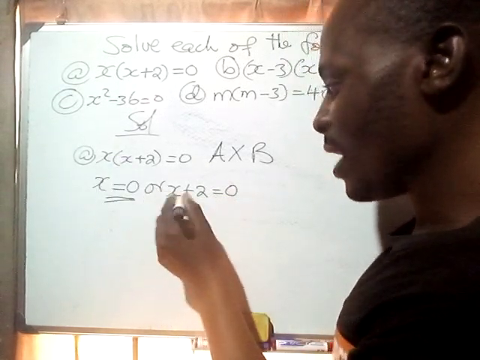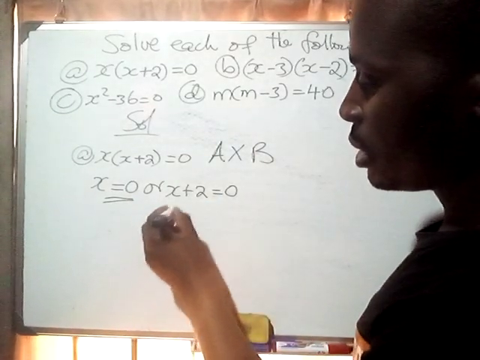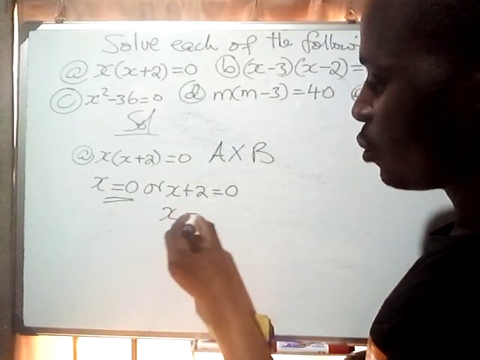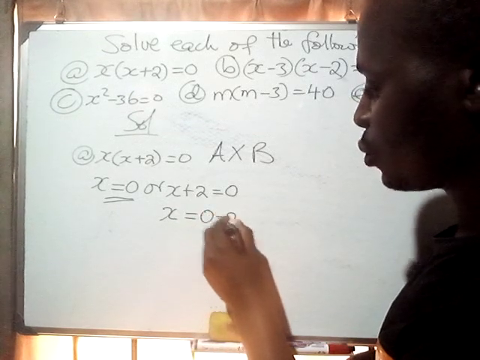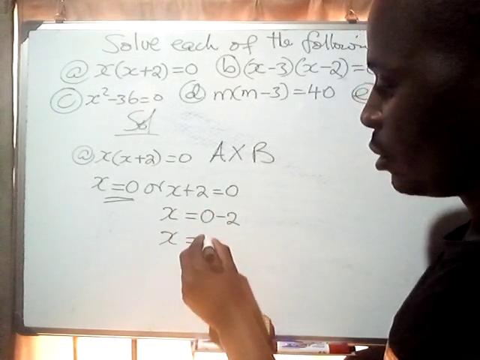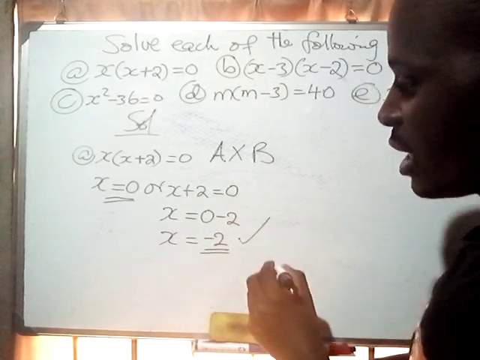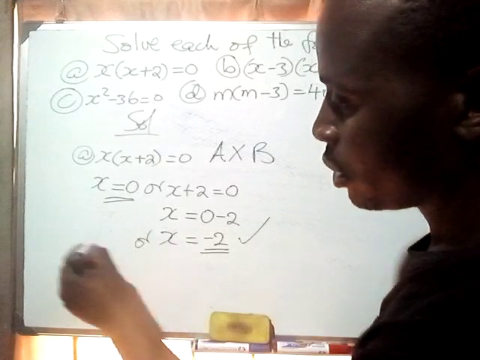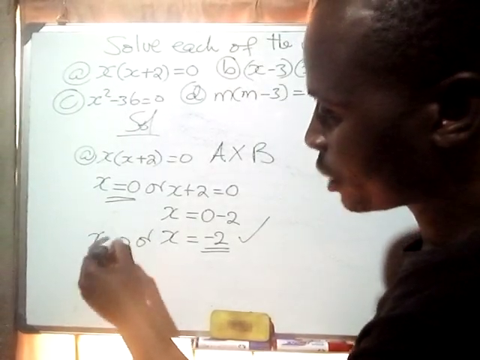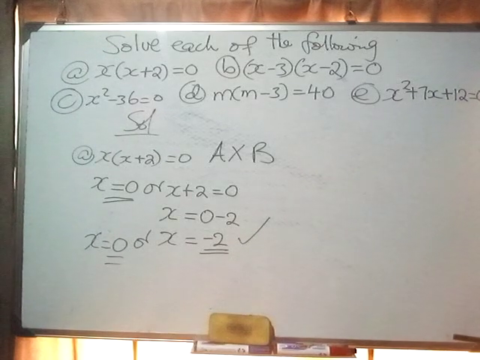Now let us find the value of x. x = 0 - 2, so x = -2, or x = 0. These are the two answers for question A.